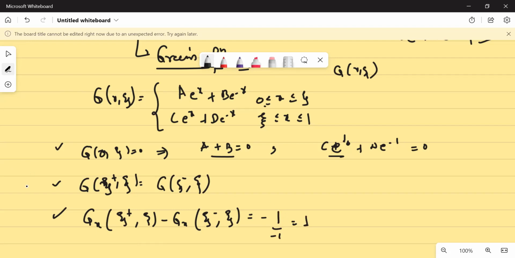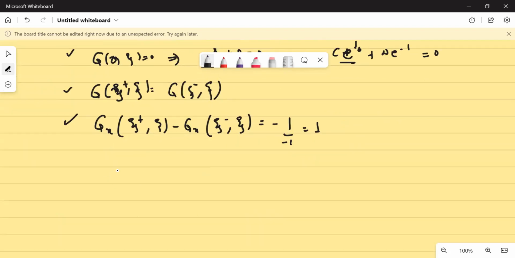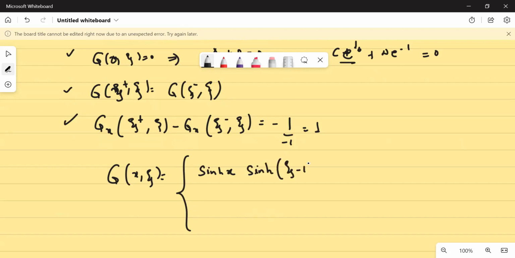So if you use all these four conditions, you are going to find your Green's function. This is a hint I'm giving you, and I'm writing this Green's function so that if you are doing it, at least you do it right. Your Green's function will be sinh x sinh(zeta minus 1) divided by sinh 1, for x lying between zeta and 0.